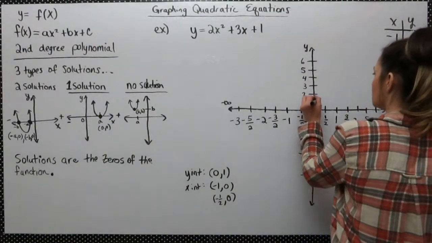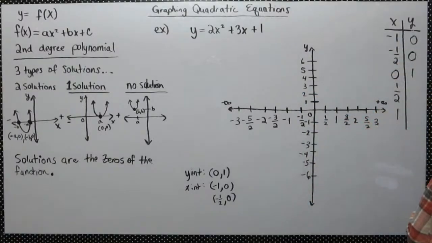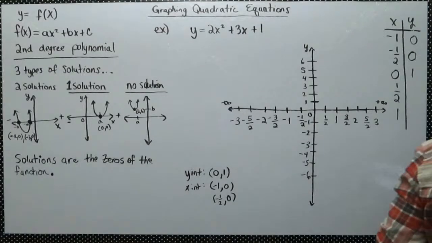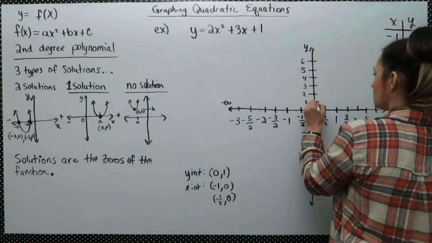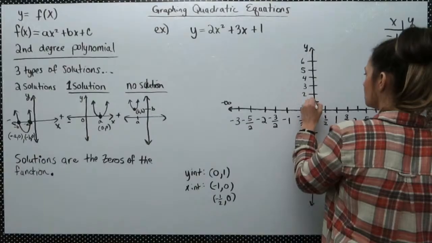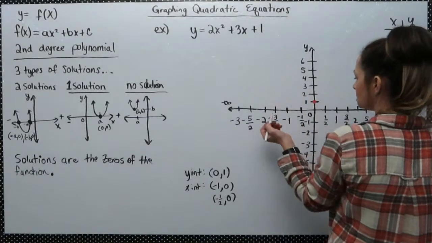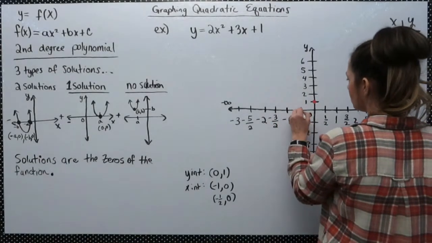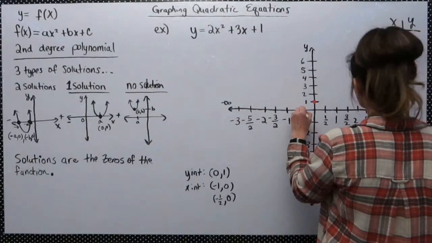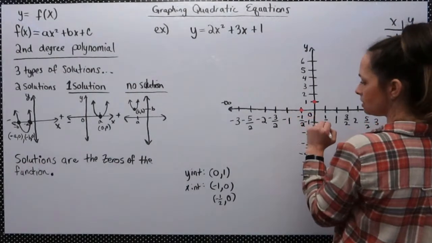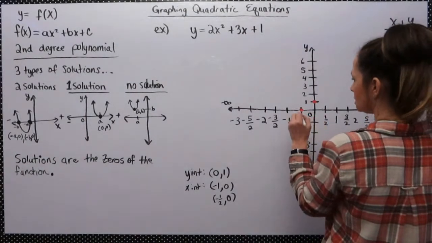Okay, so I want to use the red to graph it. I liked the red. Right, so we've got this critical value right here on the y-axis, and we've also got a 0 here at -1/2, and we've also got a 0 at -1.